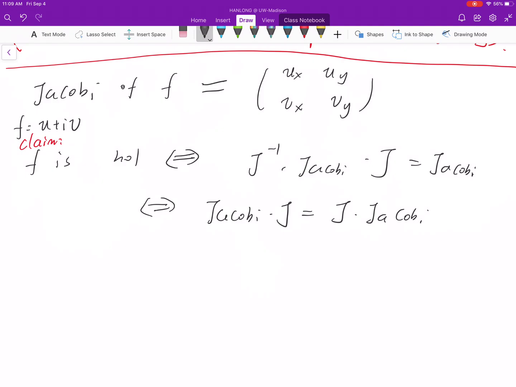You can verify it directly. This is actually equivalent to the Cauchy-Riemann equation. I omit the proof here and leave it to you.